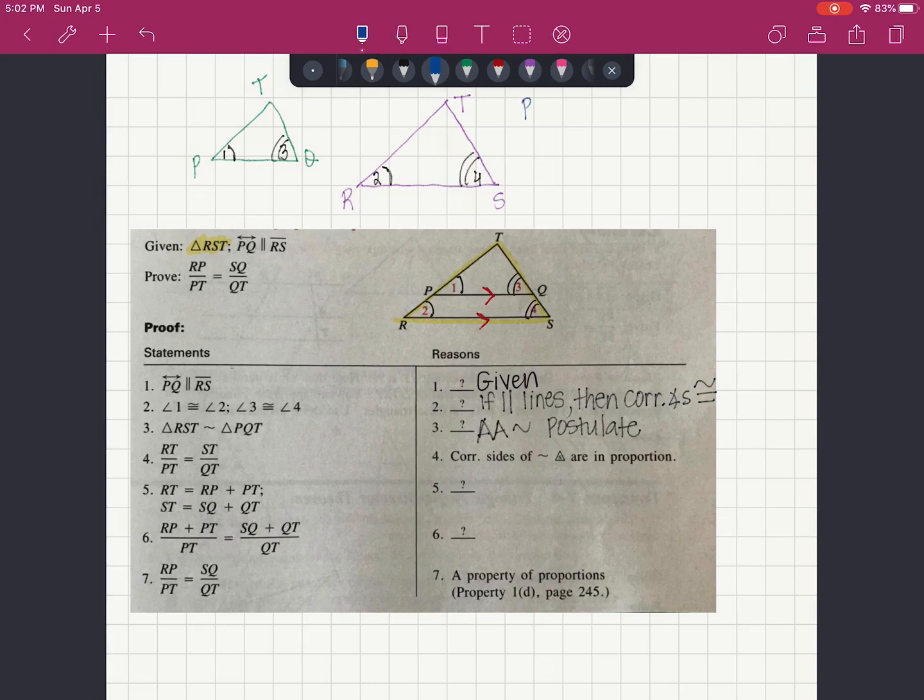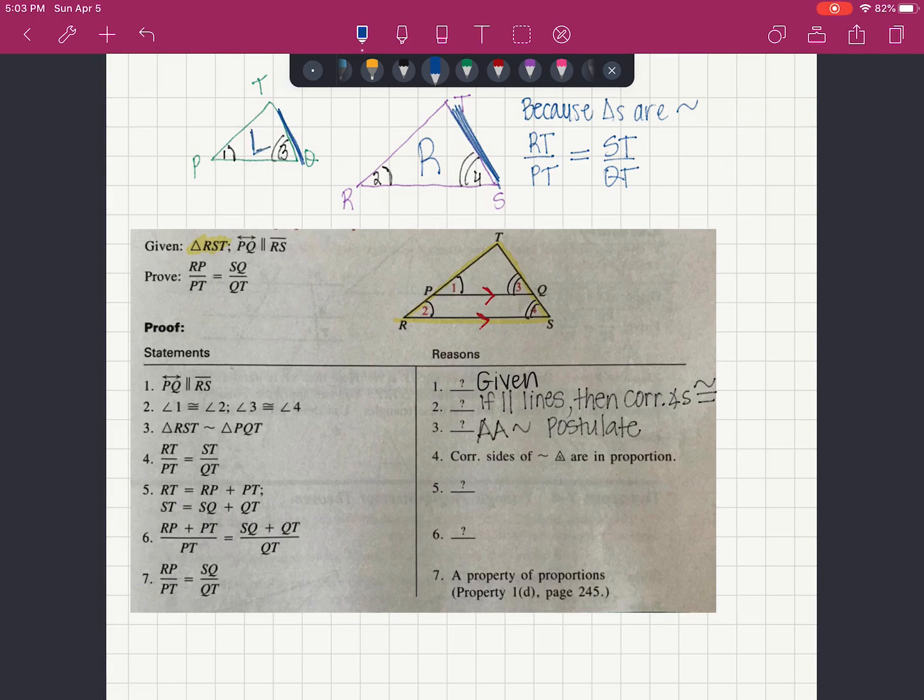And now we can say that because the triangles are similar, we've got RT over PT. Those two sides correspond. RT, here's RT, and here's PT. That ratio is equal to ST over QT.